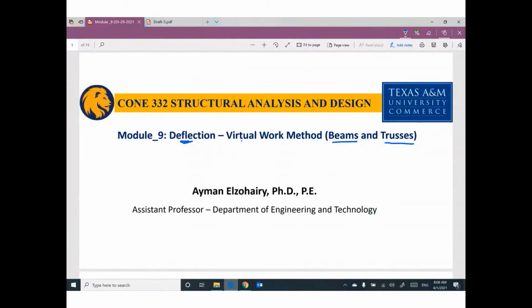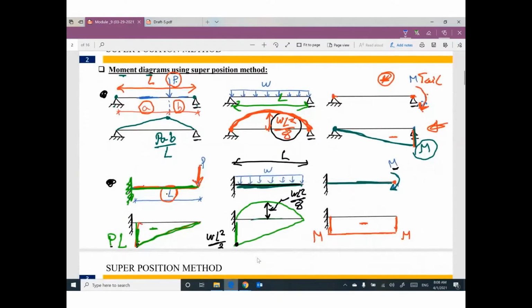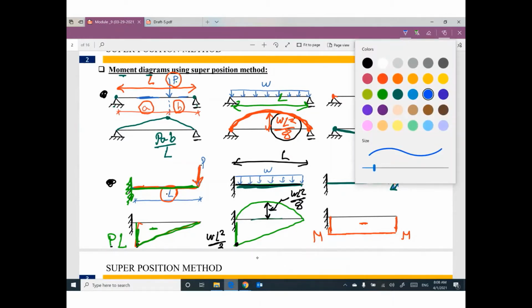Last meeting, I started on how to calculate deflection and slope using virtual work methods for beams. I gave you a few shapes of bending moment.